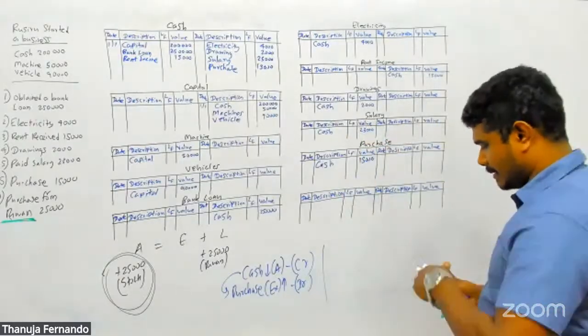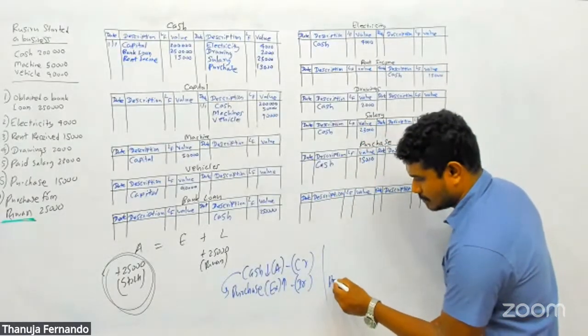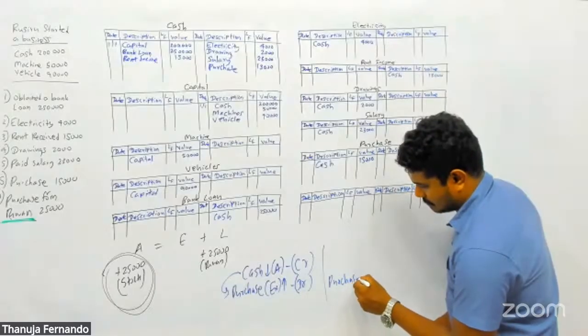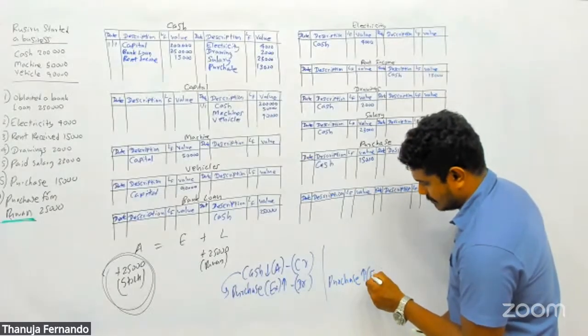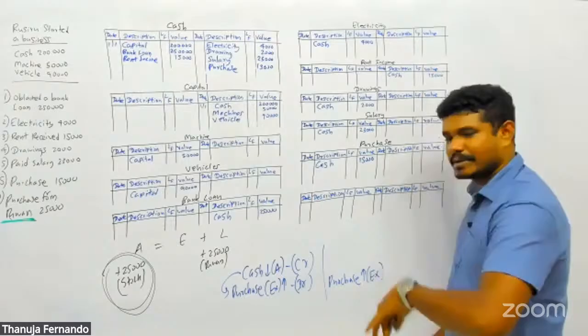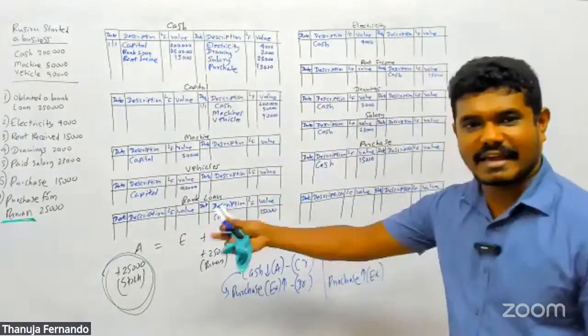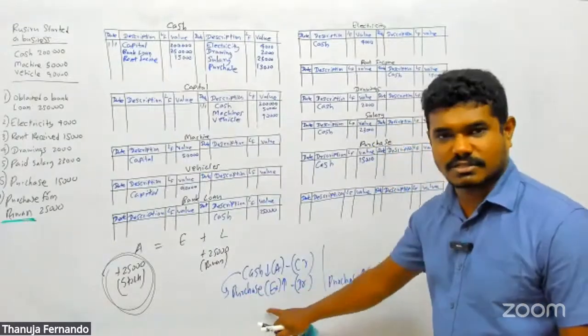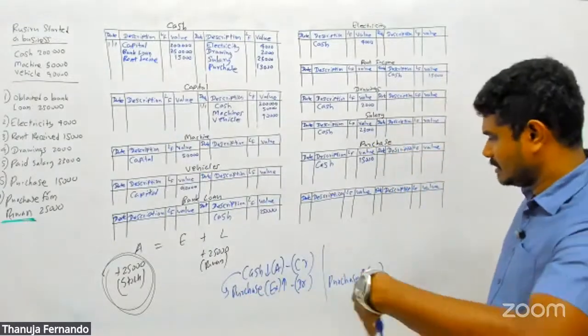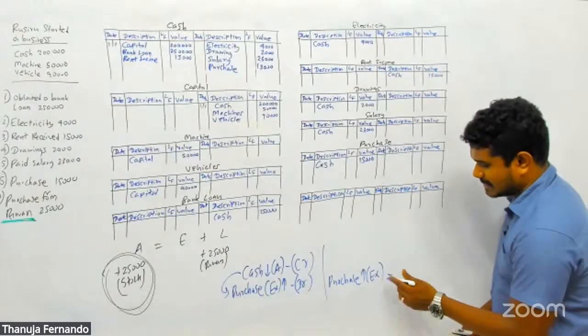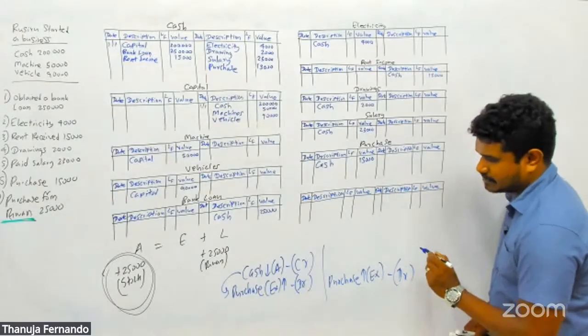Then purchase increasing. සල්ලි දීලා ගත්තත් ණයට ගත්තත් ගන්න එකම කරන්නේ. The activity is the same. So even if we paid cash or not, purchase is purchase. Purchase increasing, expense increasing, debit.